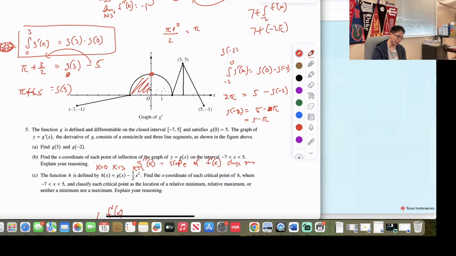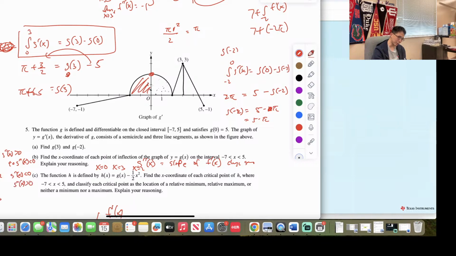So I can say at x equal to 0, g double prime of x changes from greater than 0 to less than 0. At x equal to 2, g double prime of x changes from less than 0 to greater than 0.